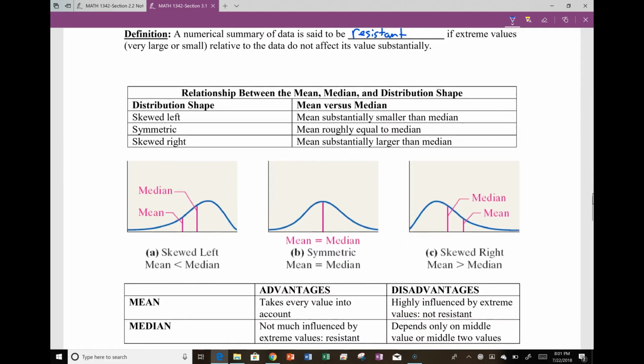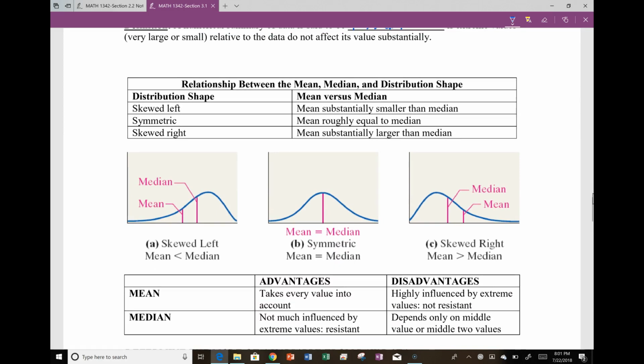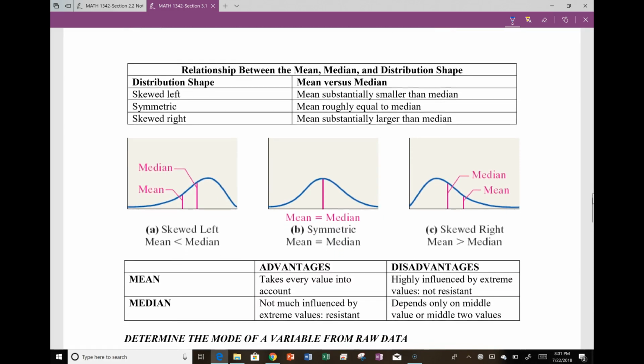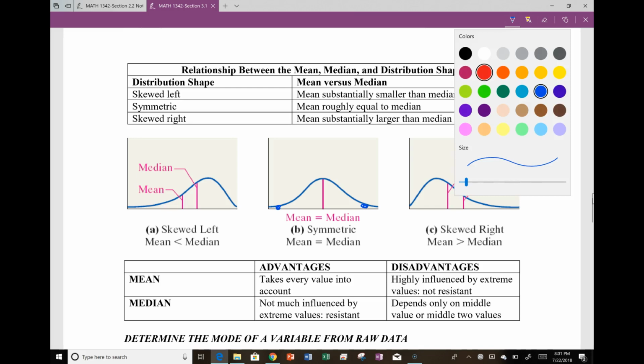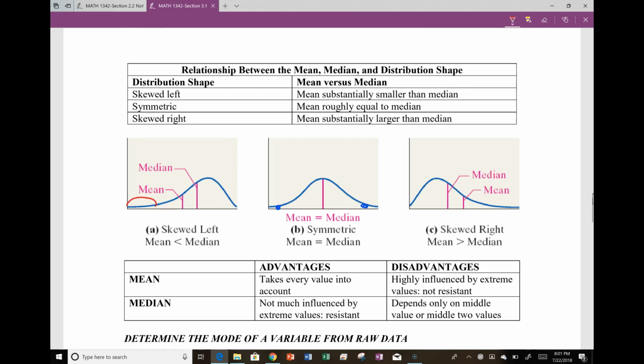We can look at the relationship between mean, median, and the distribution shape as well. In a symmetric one, this middle one here, the mean and median are approximately the same because we have some small, we have some large, but most of our data is in the middle. When we look at the left skewed data, here I have a value or two that's extremely low compared to the rest of my data.